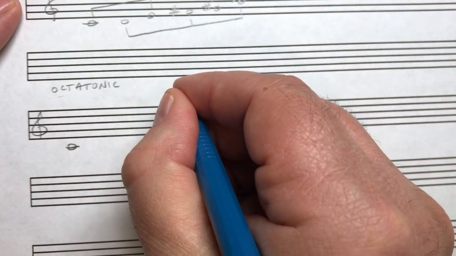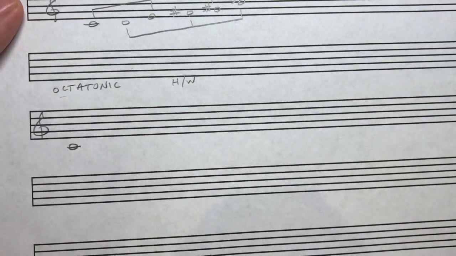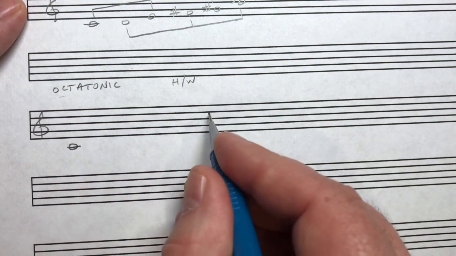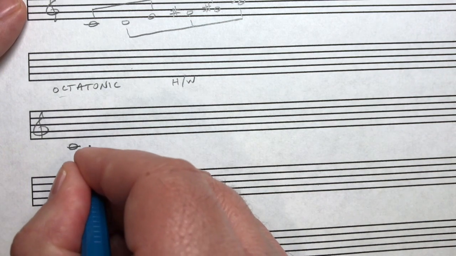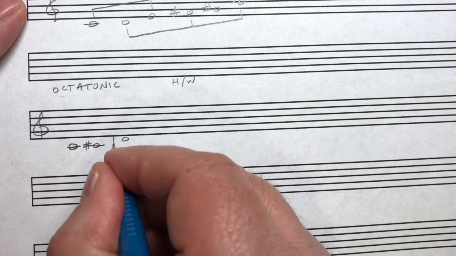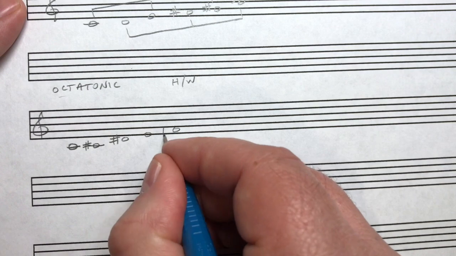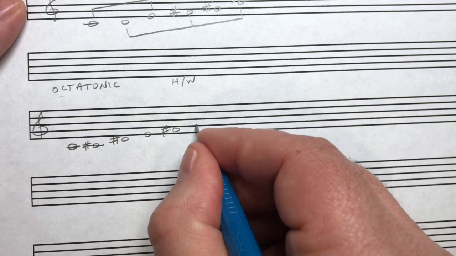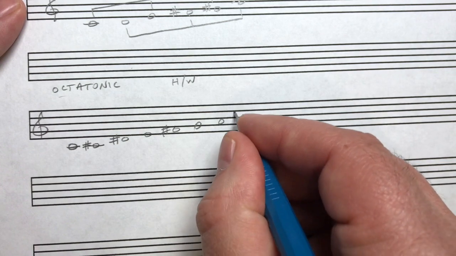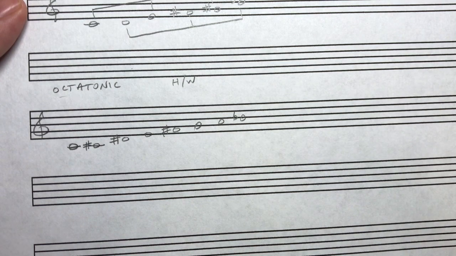The first one we're going to look at is the half step, whole step construction. So we're going to go half step, whole step, half step, whole step until we get to the note C again. So if we go half step, C sharp, then whole step, D sharp, half step, E, whole step, F sharp, half step, G, whole step, A, half step, B flat, whole step would take us back to C again.